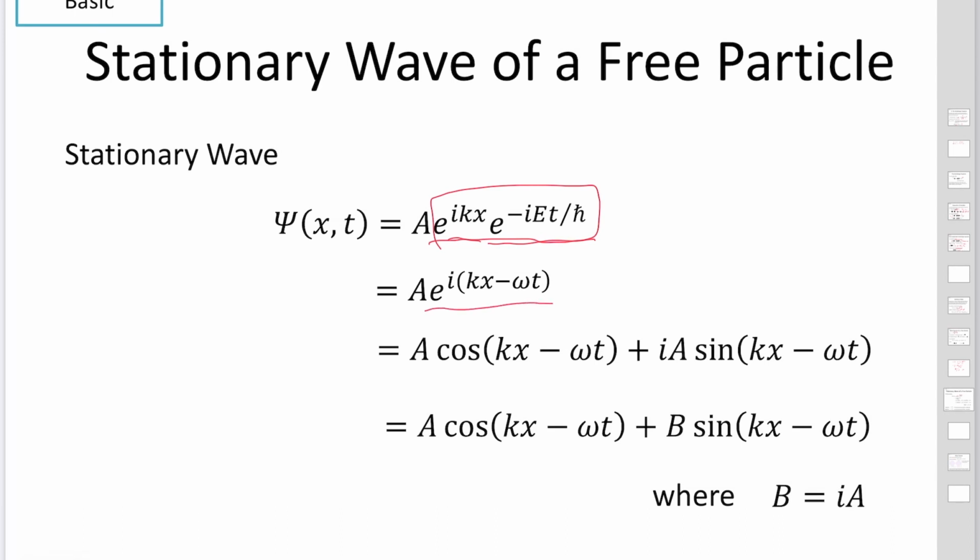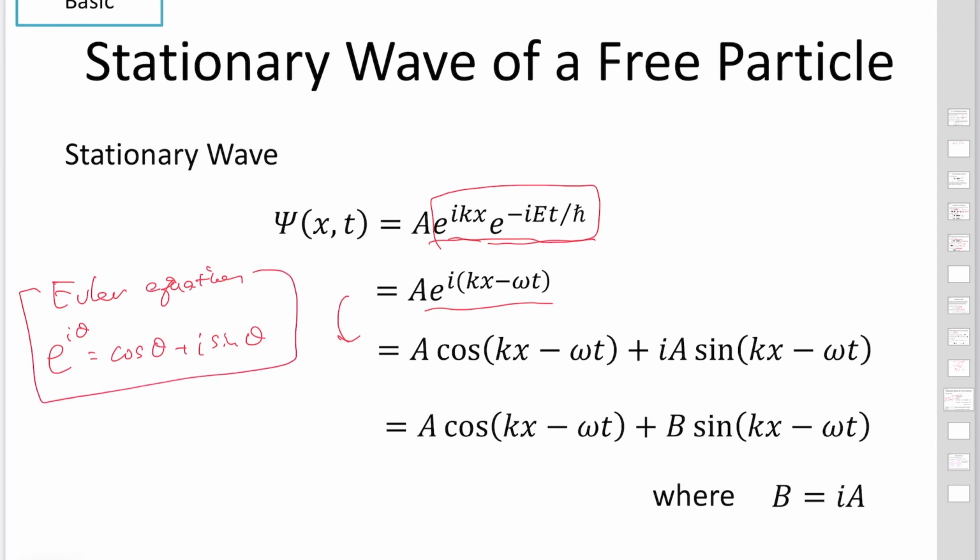From here to here, we use the Euler formula: exponential i theta can be expressed as the trigonometric function cosine theta plus i sine theta.